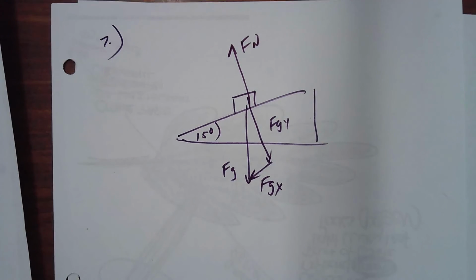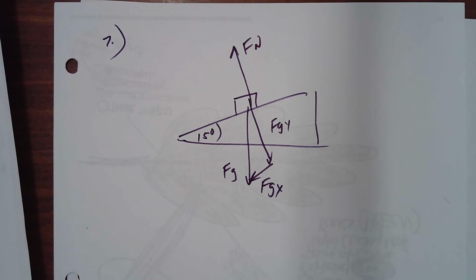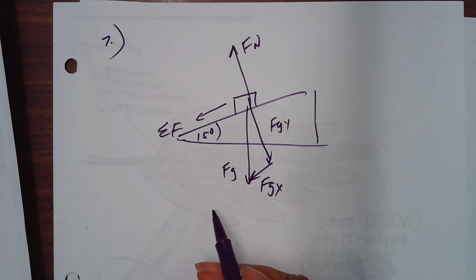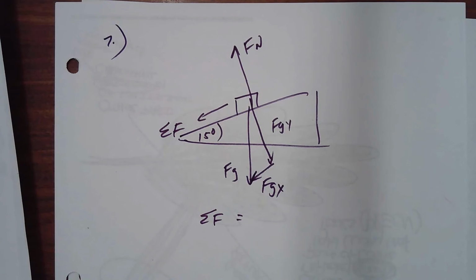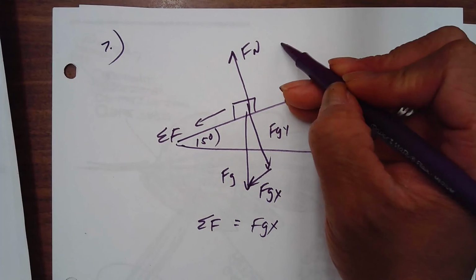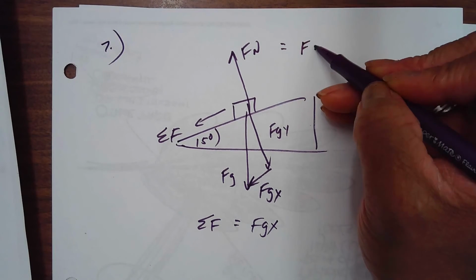There's nothing else, and it's gonna slide down, so it has net force this way. What's your formula? Net force is equal to FGX. There's no friction. And what are we looking for? Several things. Normal force: Fn is equal to Fgy.